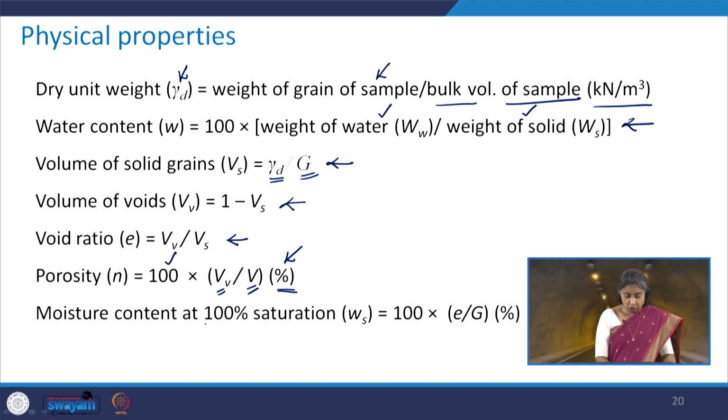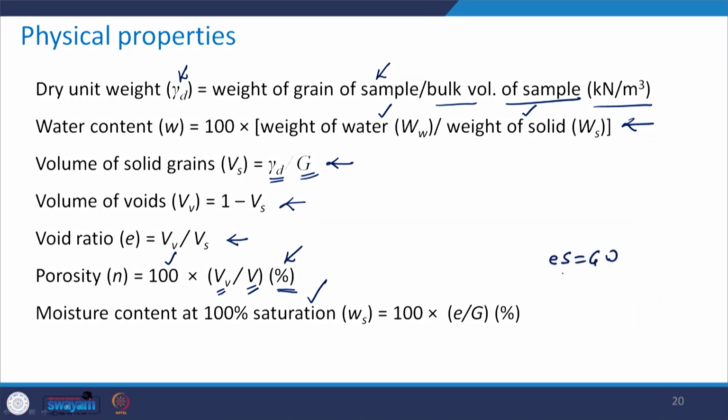Then we have the moisture content at 100% saturation. You remember we have eS equal to Gw. So when we have 100% saturation, this S becomes equal to 1. So this results in e equal to G into w. If we want to find the moisture content at 100% saturation, here it is Ws.